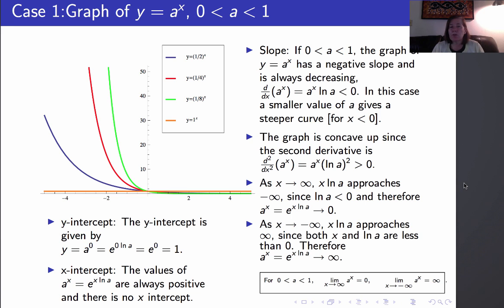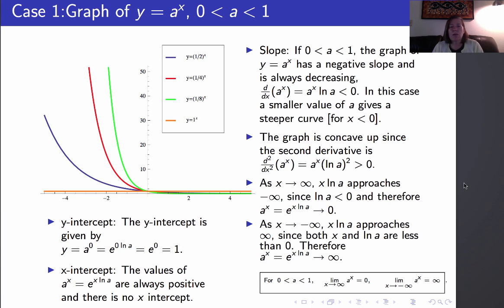And as x approaches negative infinity, x times the natural log of a is positive because it's the product of two negative numbers. Therefore, this approaches plus infinity, and therefore a to the x, which is e to the x times the natural log of a, is e to a positive power where the power is growing without bound, and that approaches infinity.